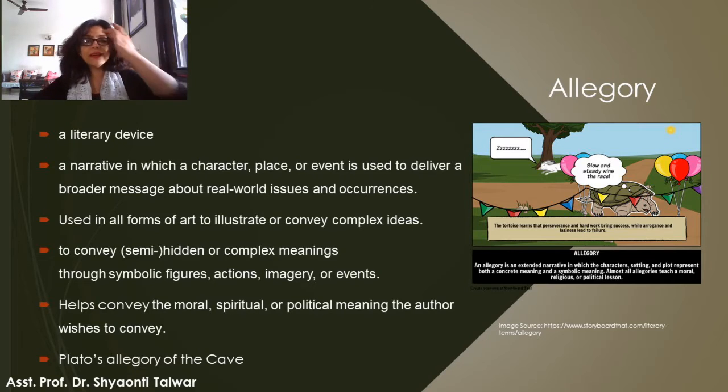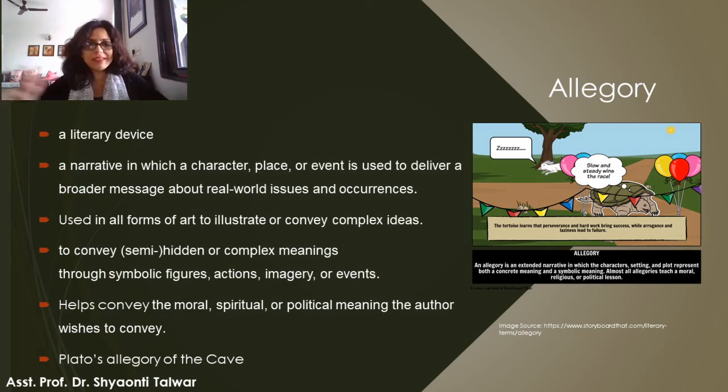The message being that if you are consistent, even if you are not very fast, or not the brightest or the sharpest or the smartest or the most brilliant performer or achiever, you still have a chance if you do not give up. Even if you are slow, but you are consistent, you are perseverant, you can still win the race.